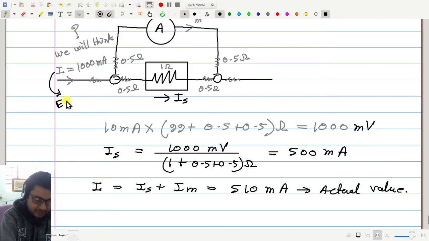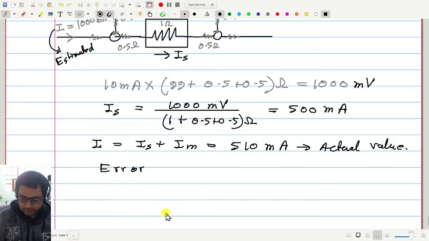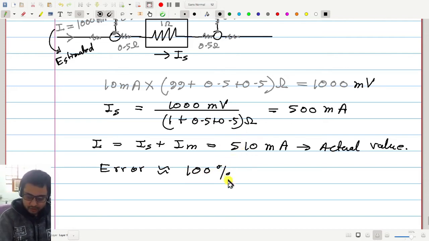And the relative error is huge. So out of 500, almost 50% error. Almost like, in fact, 100% error, depending on what you are dividing with. So we are getting double the measurement. So this is a huge error.